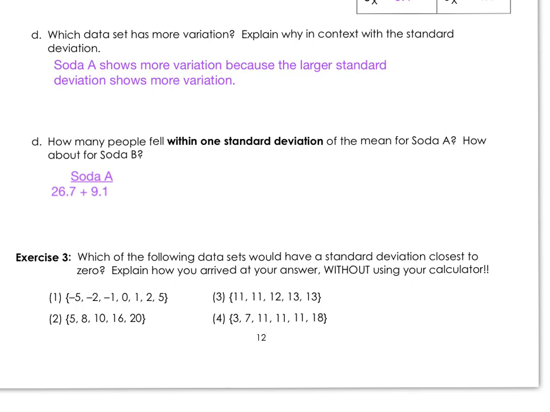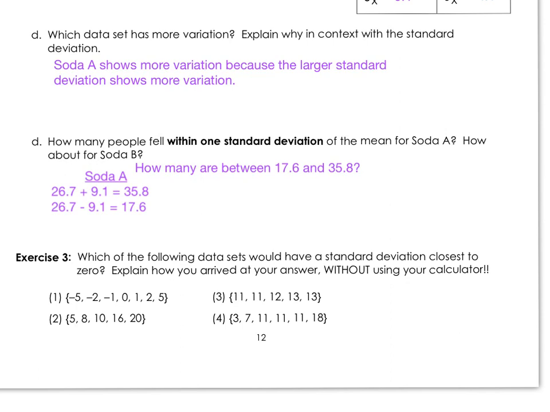So go ahead and do that in your calculator. So when we do that, we find that up 1 would be 35.8 and down 1 would be 17.6. So what we're looking for is how many are between 17.6 and 35.8.